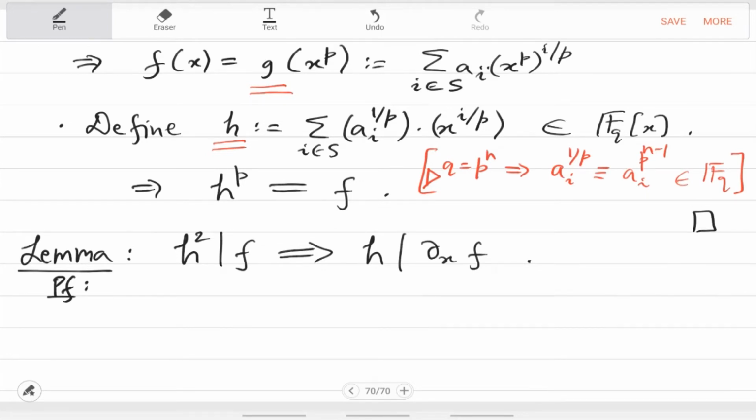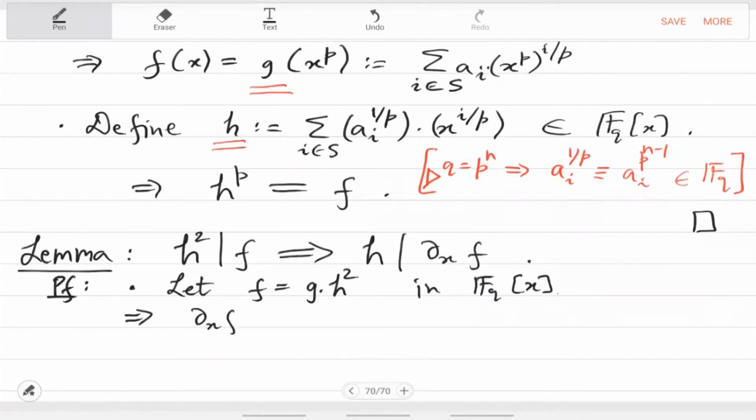This is something that you must have seen in school when you learn the derivative operator. So let f be g times h square. F factorizes this way in FqX. So if you apply the derivative operator, how do you expand the derivative of a product?